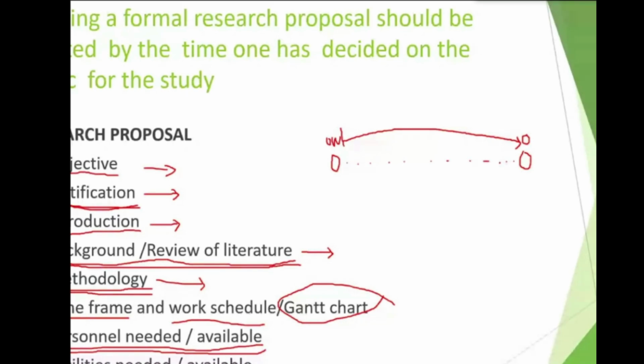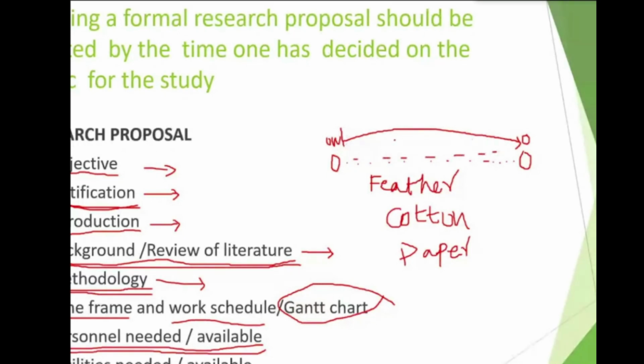And you keep things which are very light, like a feather, or you keep cotton, or you keep pieces of paper. Anything that you keep here, you will notice that if the owl's wing is moving, the particles that you are keeping here, like feather, cotton, or paper, will all move.